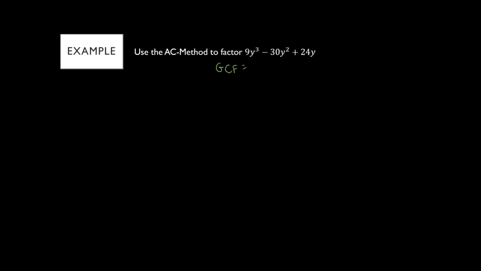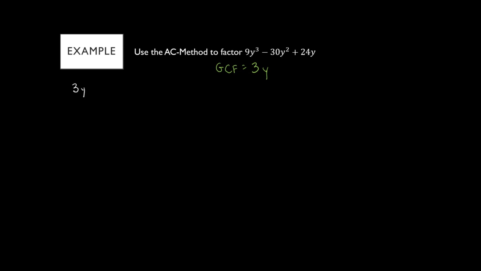So out of 9, 30, and 24, 9 doesn't go into those, but 3 does. So I can divide them all by 3. And then they all have a y. We've got a y cubed, a y squared, and a y. So y has the smallest exponent. So the greatest common factor is going to be 3y.